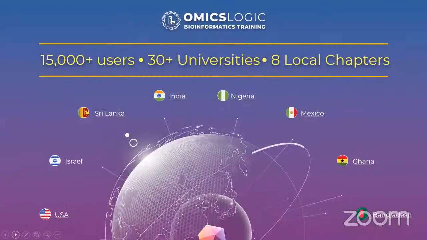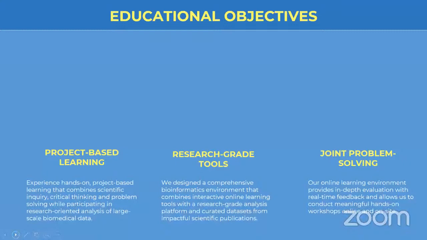Omics Logic training has been completed by over 10,000 participants from 162 countries in over 300 workshops. And due to this fast growth, our team is working with local and regional coordinators that are helping refine the local program logistics and leverage our online training resources, adapting them to the needs of students and researchers around the world.